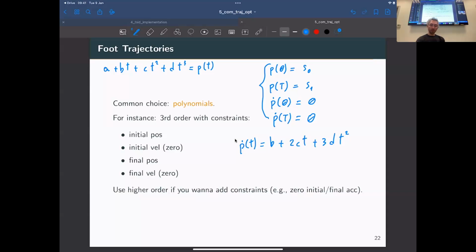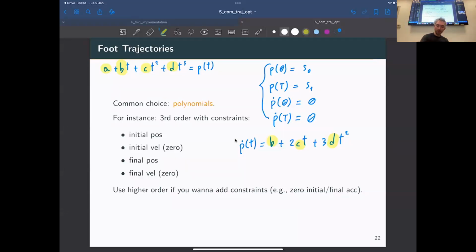Okay, so both the polynomial and the derivative of the polynomial are linear functions of the parameters. So the parameters are A, B, C, and D. So we can see that they appear linearly.